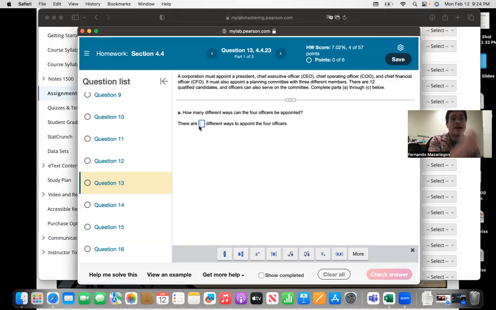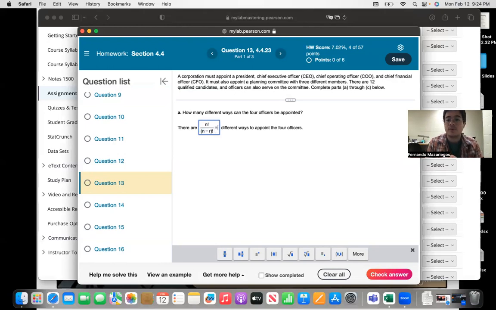If I select Mike first and John second, then Mike is president and John is CEO. So in this case, order does matter. If order does matter and it is without replacement, this is a permutation. So this is the formula we had initially.